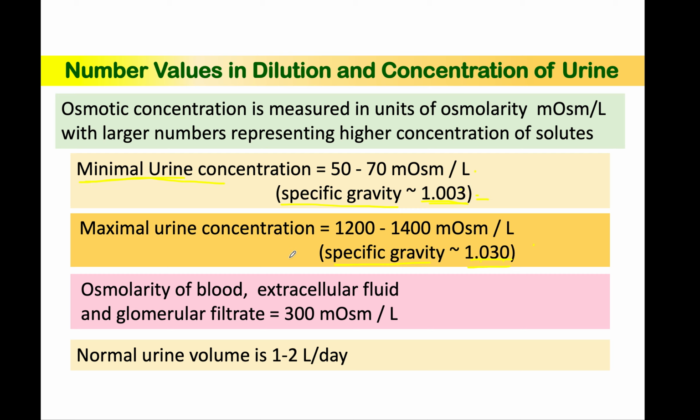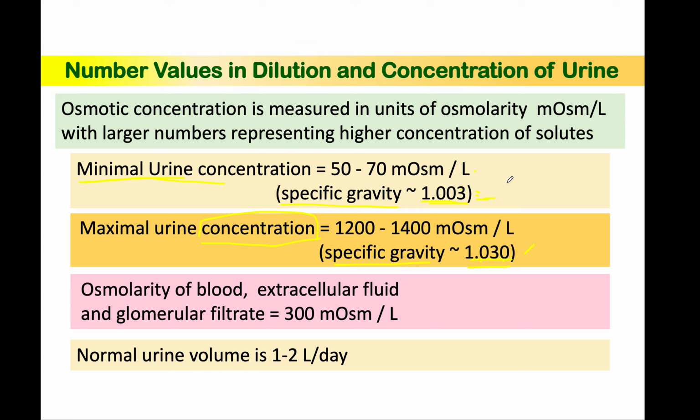Maybe they are excreting more than the regular amount of sodium, or maybe the amount of water is less. Maybe the water is being reabsorbed back in larger quantities so that the urine is getting concentrated. So this urine specific gravity tells a lot about the functioning of the kidneys.